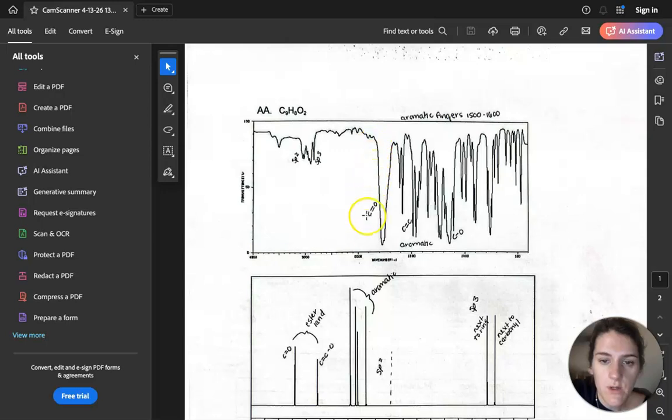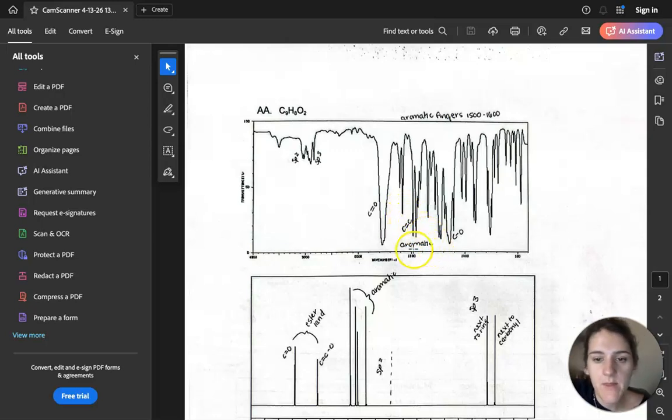Then I'm going to go to our 1700 area. This is a very strong signal. This is our C double bond O carbonyl region. So we can go ahead and identify that. And then I'm looking right in this area. This is all of my C double bond C region.